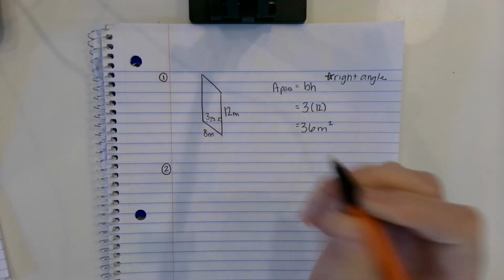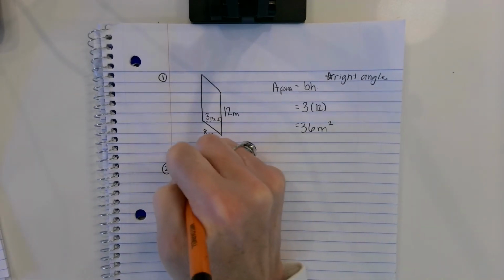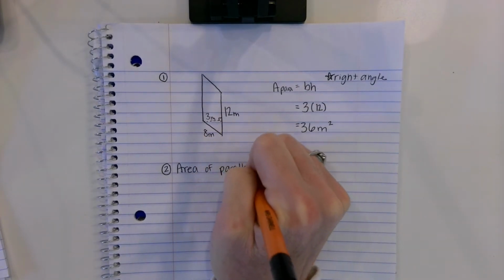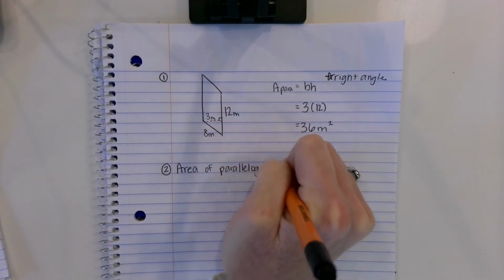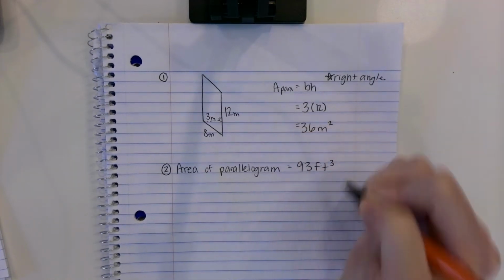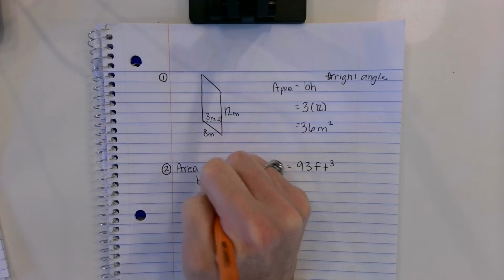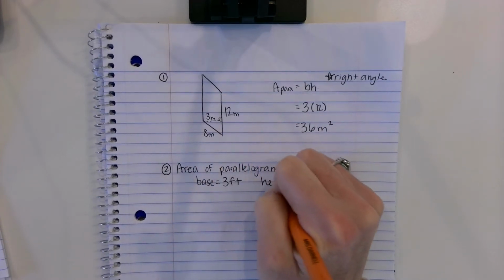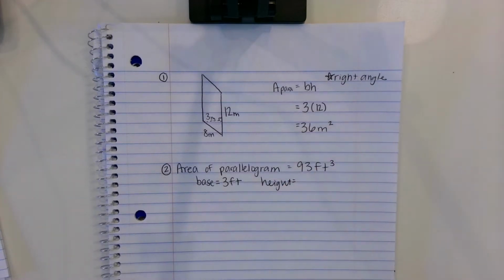Next problem, if I've given you that the area of a parallelogram is 93 feet squared, the base is 3 feet, what is the height? Go ahead, pause and get your answer.